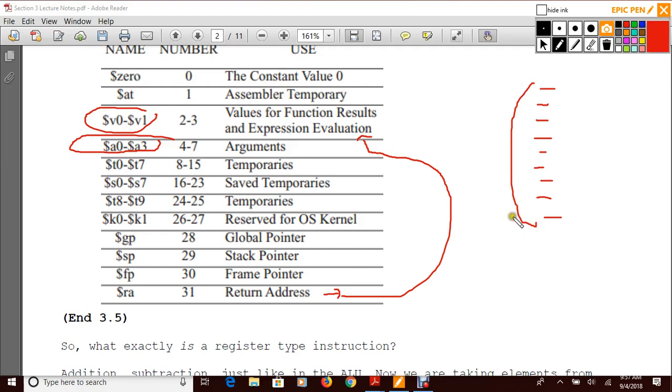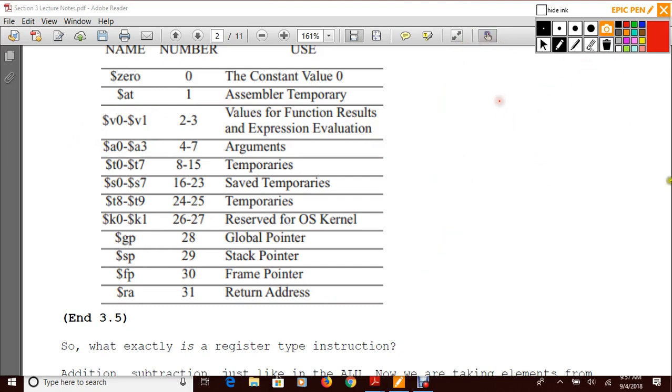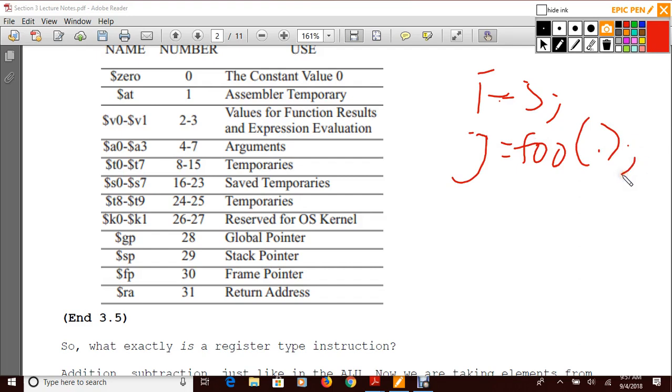So the return address says when I get here, I need to jump back here. And what that means is I have i equals 5, j equals foo of i, and then k equals i plus j, right?